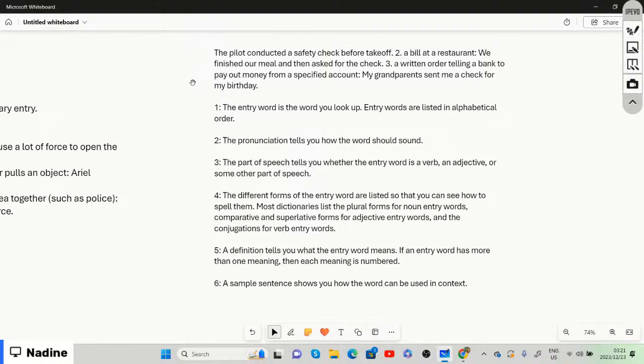Once you've looked up that word, force for example, or a specific word, they will then give you the pronunciation of that word. The pronunciation tells you how the word should sound. And sometimes it looks like letters that do not make sense as a word, but that basically just tells you how the word should sound, and we call that pronunciation.